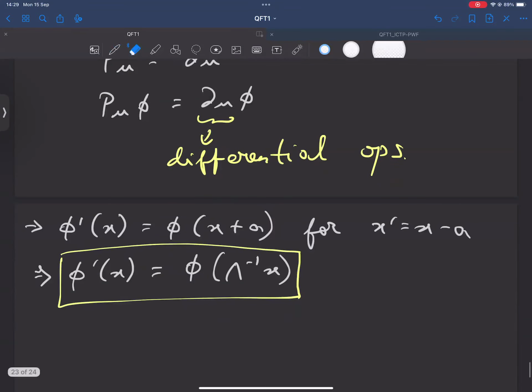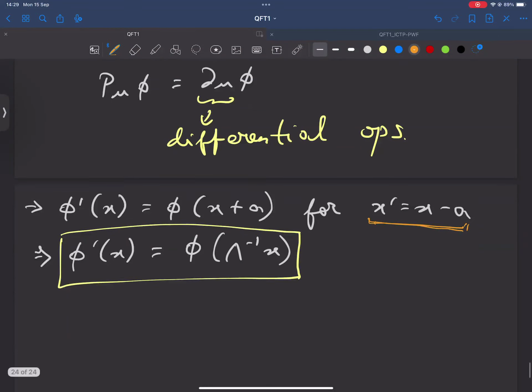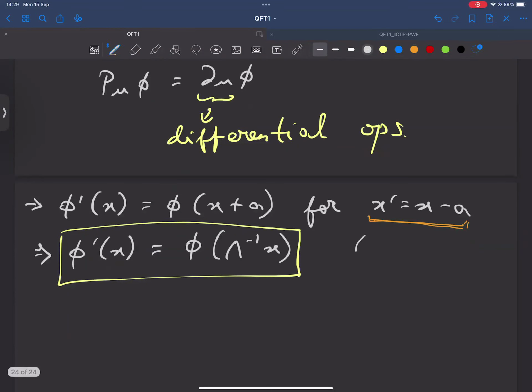A very easy way to see this is to just consider translations. If coordinates are translated like this, the argument of this function undergoes the inverse translation. That's why for fields, the action of a Lorentz transformation changes the argument in this way. And this is how scalars behave under a general Lorentz transformation, not just translations.